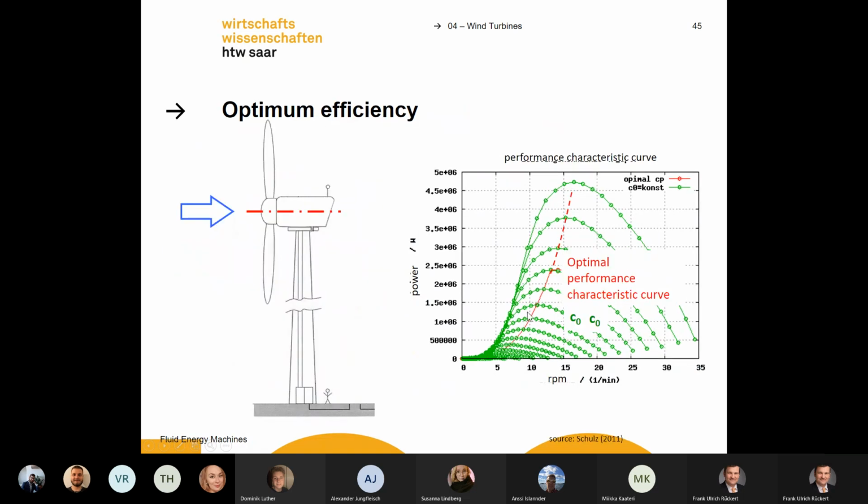You can get an optimum performance, so if you want to use your windmill, you have to have an optimal performance curve. If you work in a non-optimal mode, you don't get so much energy and performance from your windmill.